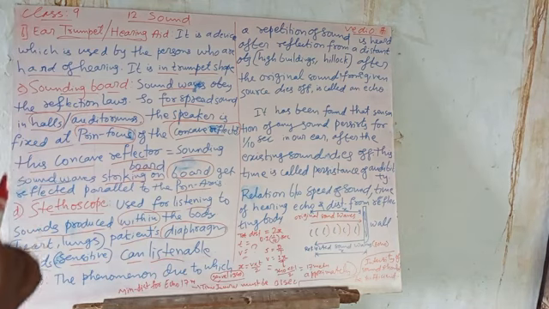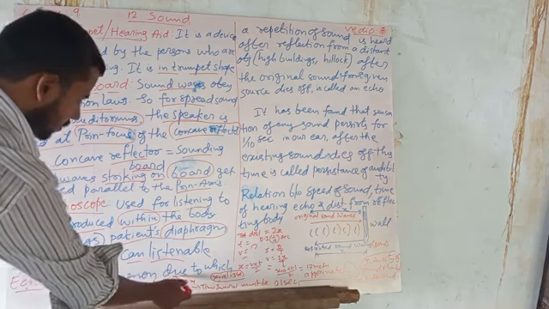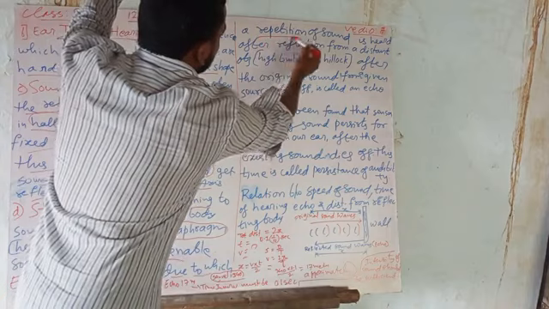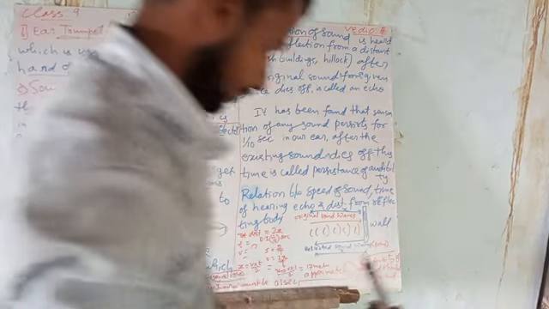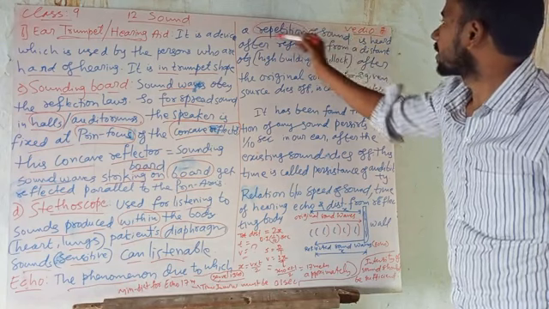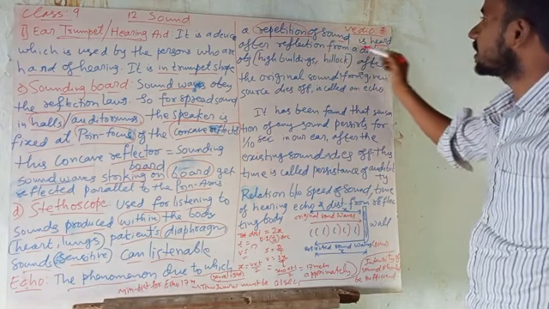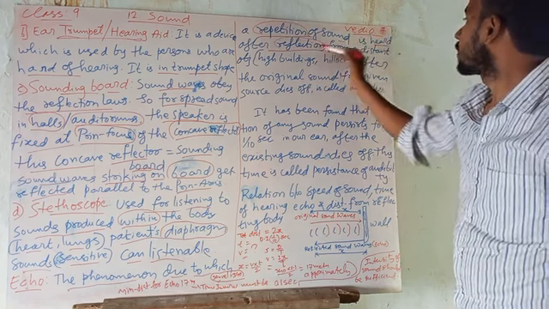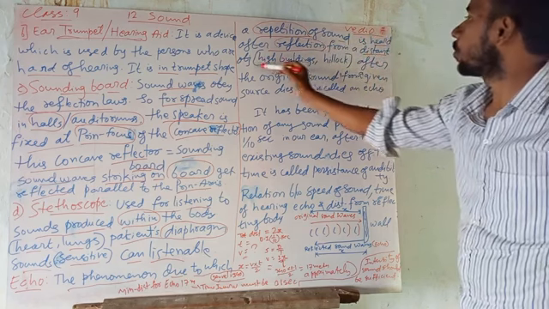Now echo. What is echo? Look here, echo. The phenomenon due to which a repetition of sound, please keep it in your mind, repetition of sound is heard after reflection from a distant object.